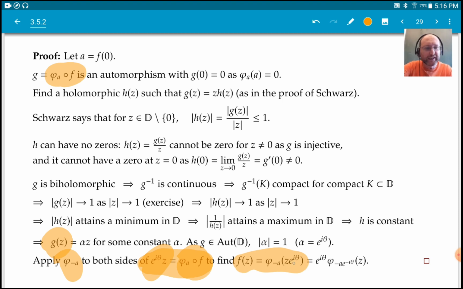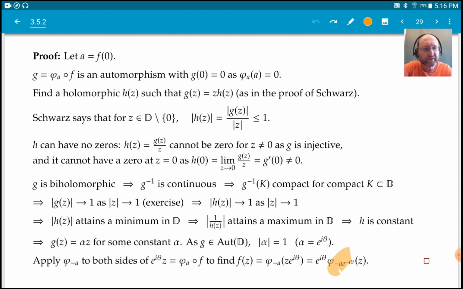You have to pull the e^{iθ} out in the right way, so that you put it into the form that you want. This is why I was saying that a is not quite the a that we want to end up with, but this number over here is just a direct computation. The e^{iθ} is the right e^{iθ}. And that's it.